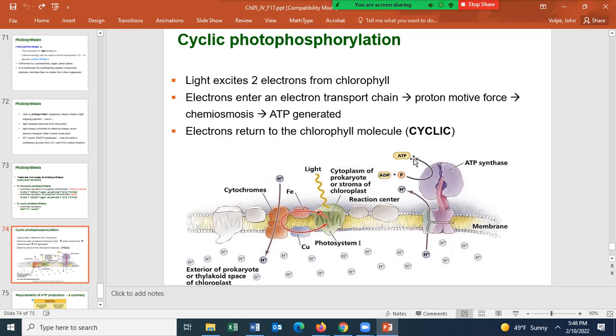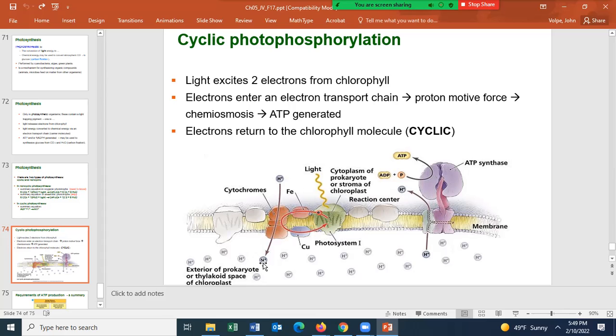This should sound familiar because it's very similar to the electron transport chain in aerobic respiration. Electrons are moving and give the protein the energy it needs to pump hydrogen ions from this side of the membrane to that side.